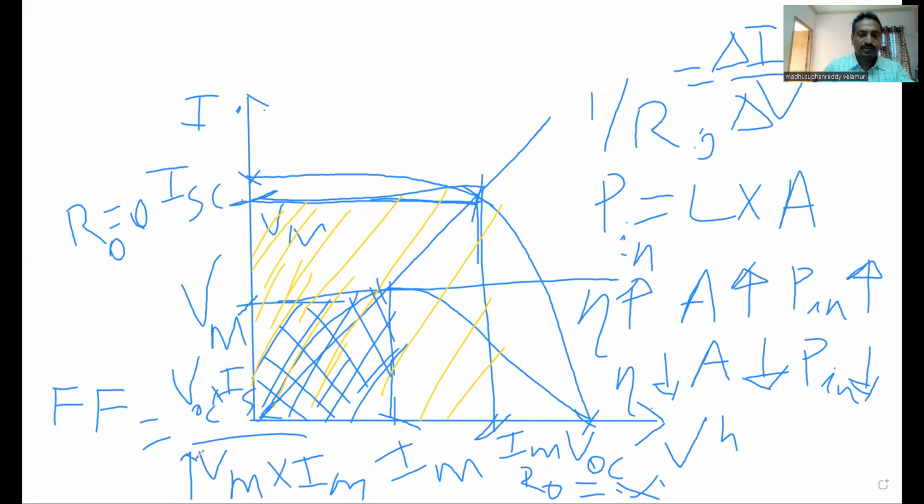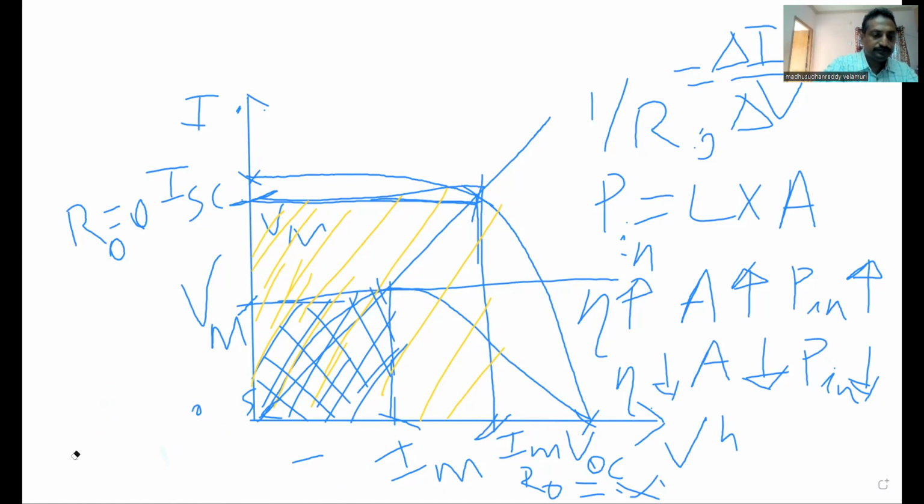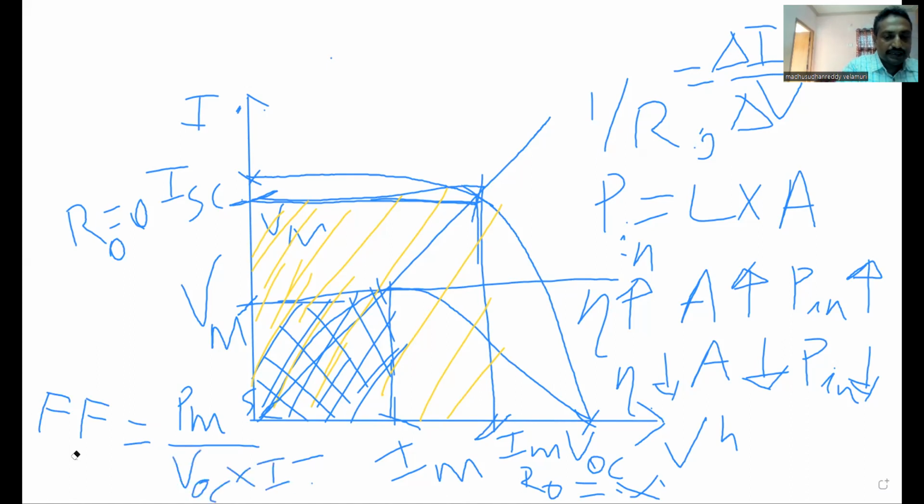Fill factor is equal to PM divided by VOC into ISC.